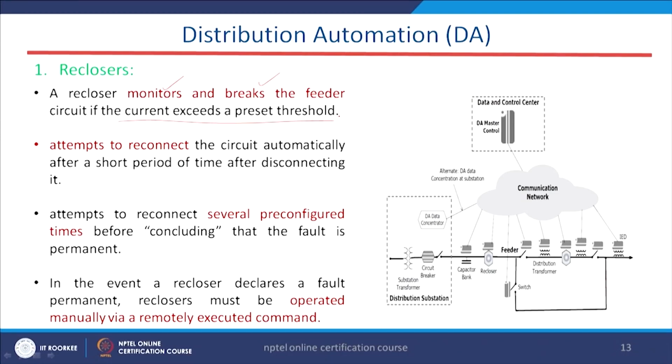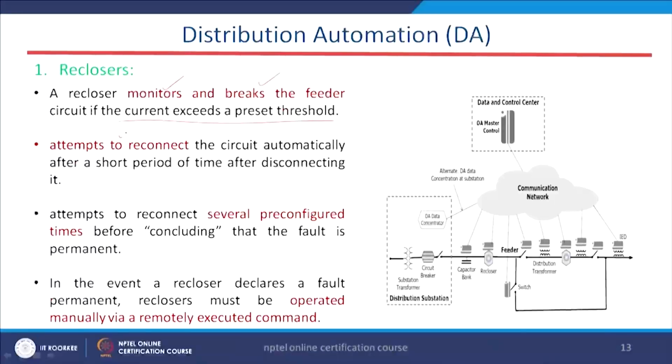And remember, in power systems the faults are basically temporary in nature. The tree will touch the lines, then it will go away due to the wind, the tree will come again, touch again, and go back again. So the fault may not be a permanent fault, it may be a temporary fault. In that case, the recloser will again open the line, and again close the line, reconnecting it.